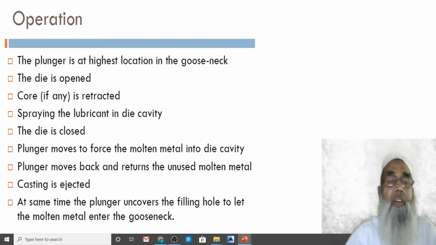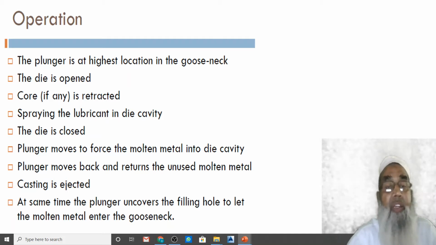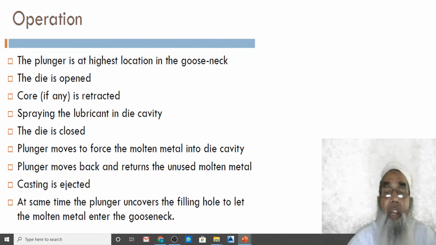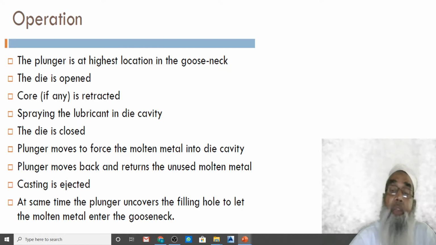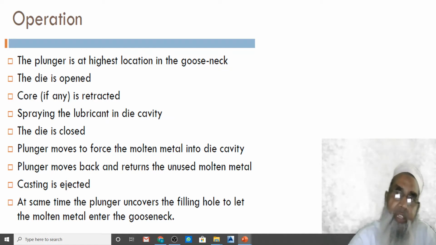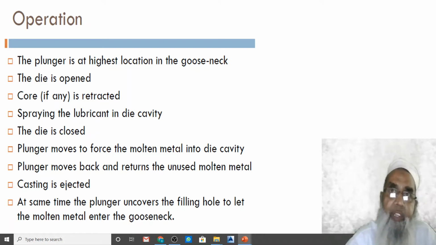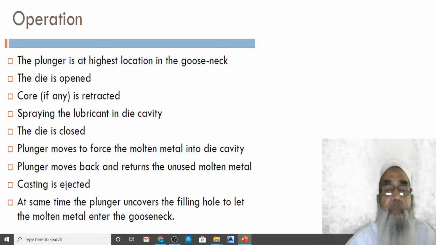After filling each corner of the die cavity, the plunger moves back and returns the unused molten metal. It is allowed to solidify. The casting is ejected. At the same time, the plunger uncovers the filling hole, which allows the molten metal to fill the chamber of the gooseneck assembly.